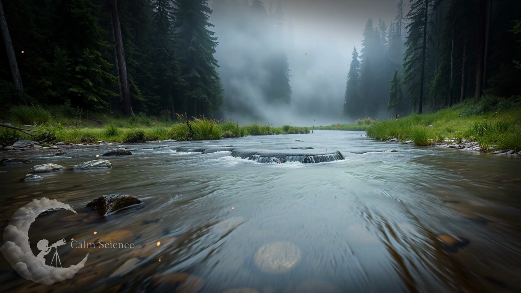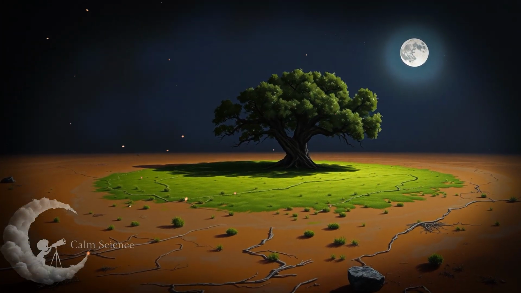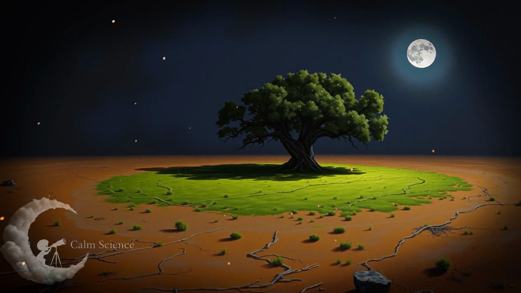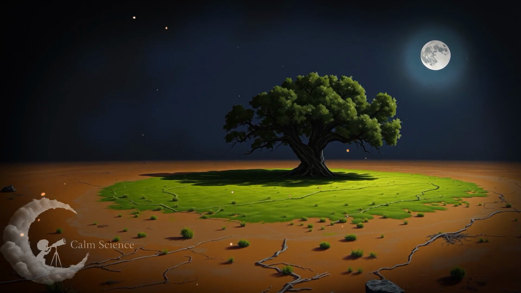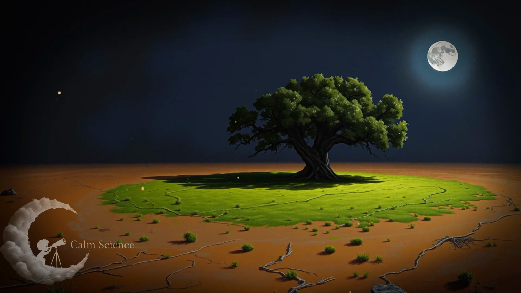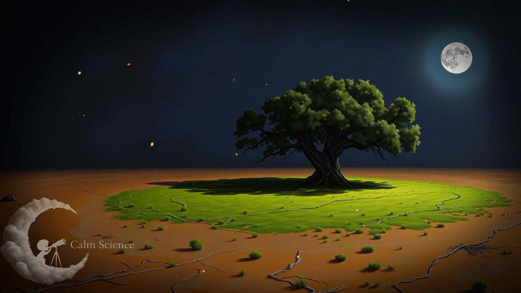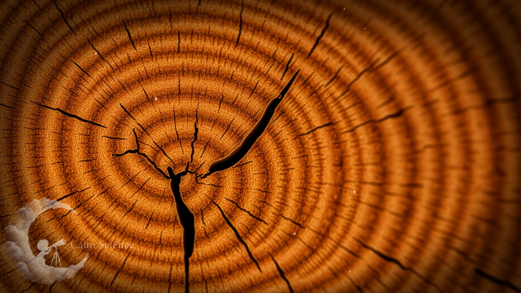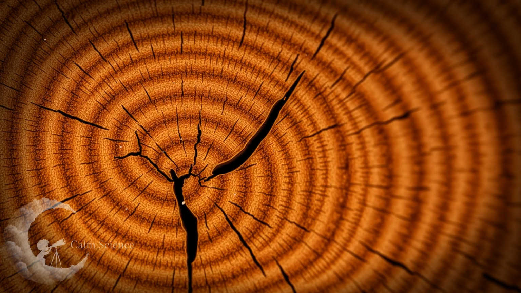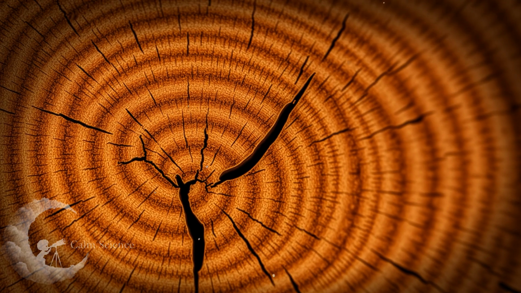Trees do not grow from their base. A tree grows taller from the tips of its branches and its main trunk, a region called the apical meristem. This is where cell division occurs, extending the shoot upward. It also grows wider as a different layer of cells, the vascular cambium, adds new layers of xylem and phloem to the trunk and branches each year.